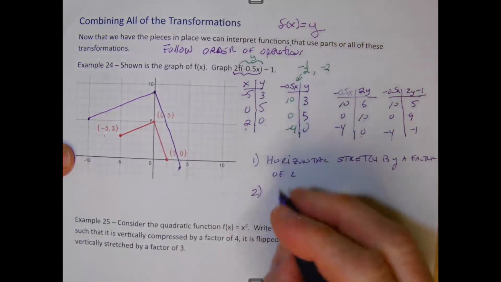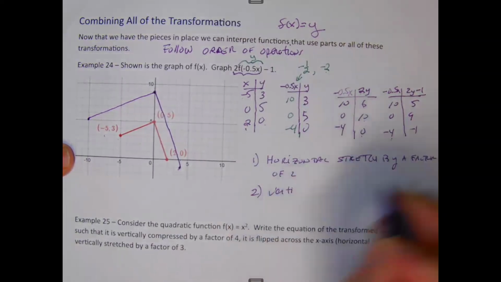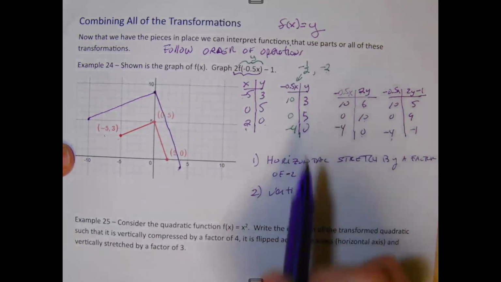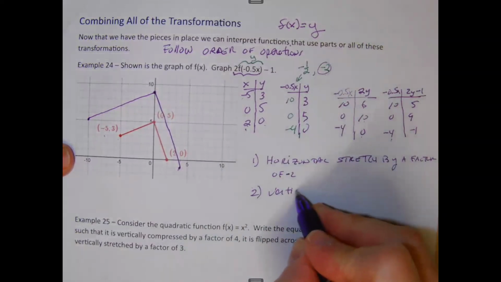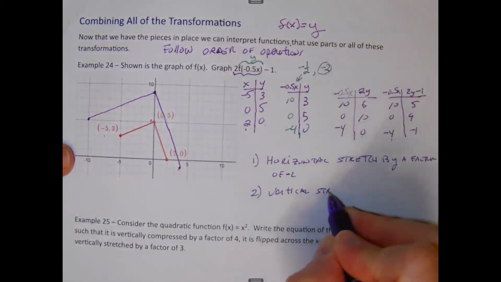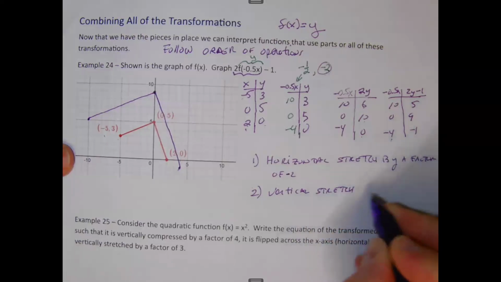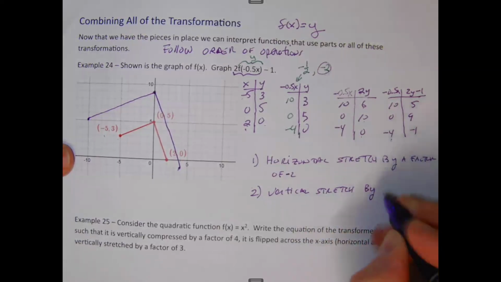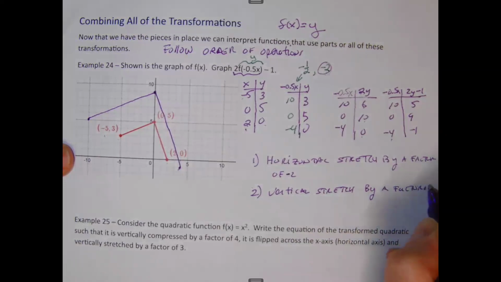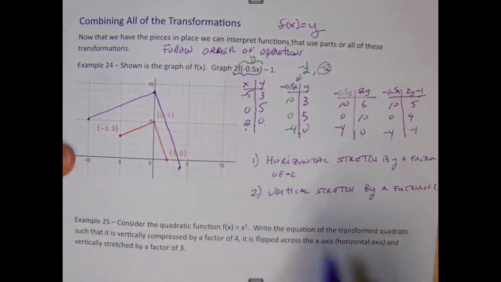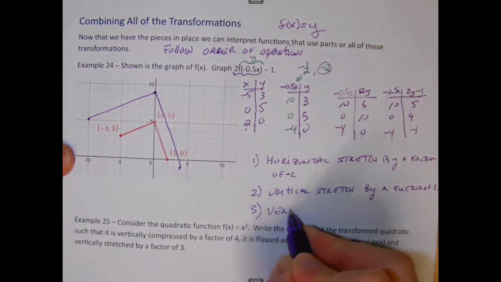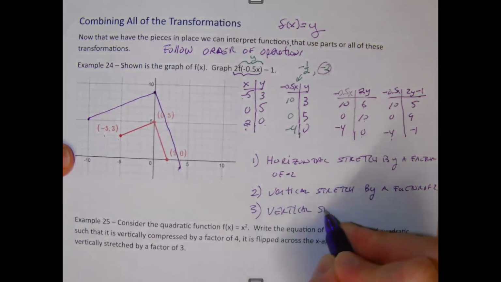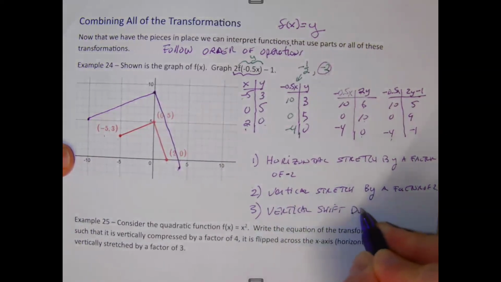Then vertical stretch, also, to make it more precise, by a factor of negative 2. So that's how we multiply everything by negative 2. Vertical stretch by a factor of 2. And the last thing is a vertical shift down by 1 unit.